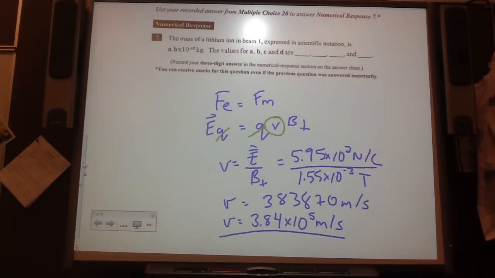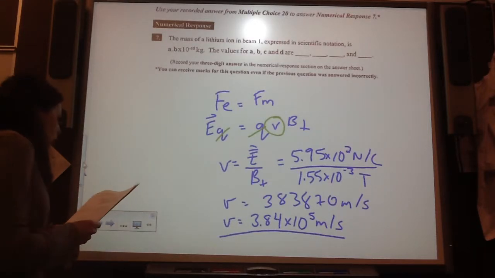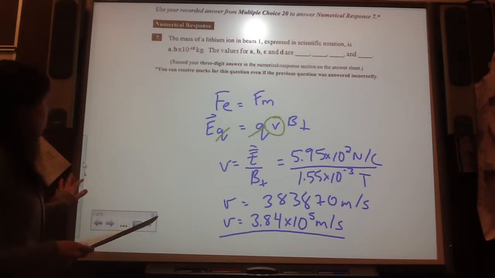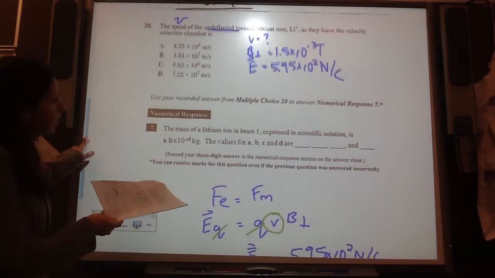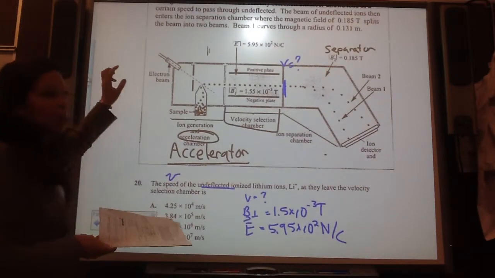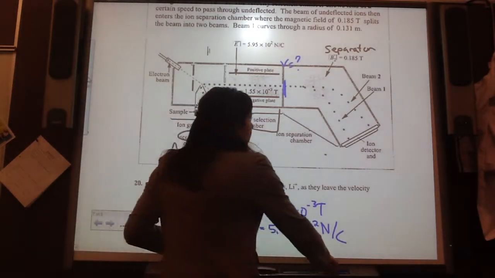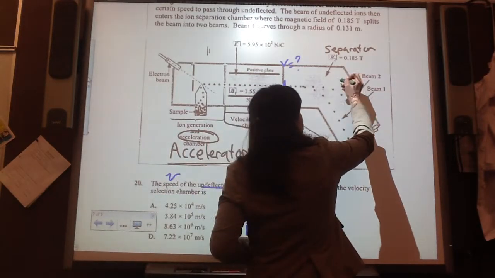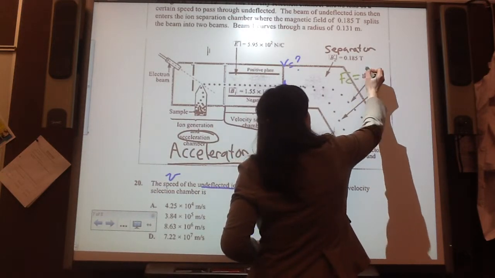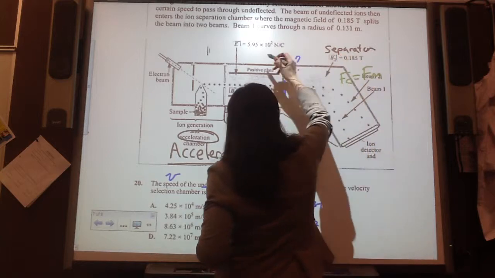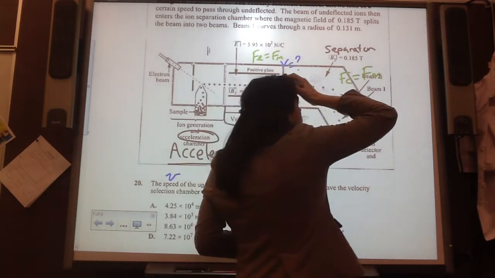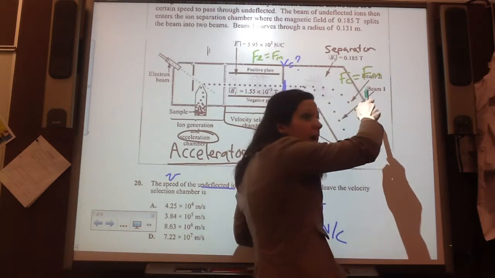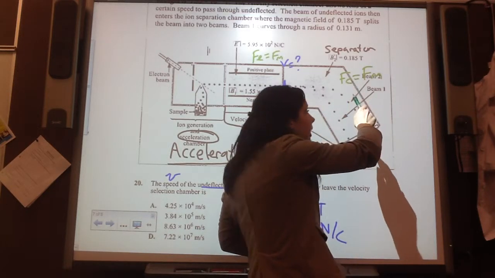Now it's asking us the mass of the lithium ion. We need to consider that at this point we can set Fc equal to Fm. At the earlier point we said Fe is equal to Fm. Because we need mass, we need a formula that has mass in it.